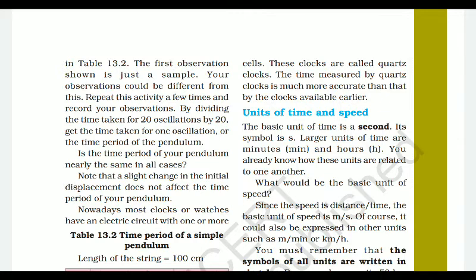By dividing the time taken for 20 oscillations by 20, you get the time taken for one oscillation, or the time period of the pendulum. Is the time period of your pendulum nearly the same in all cases? Note that a slight change in the initial displacement does not affect the time period of your simple pendulum.